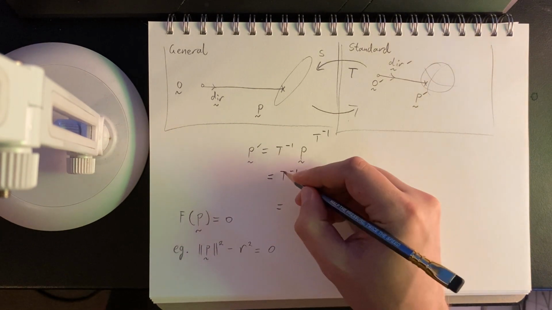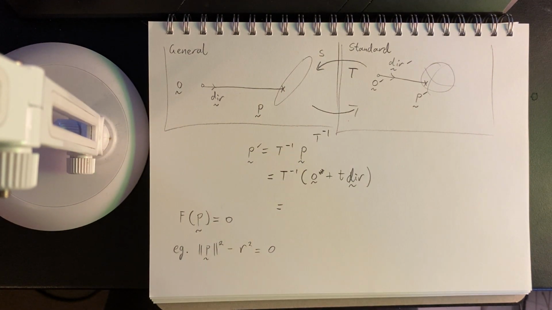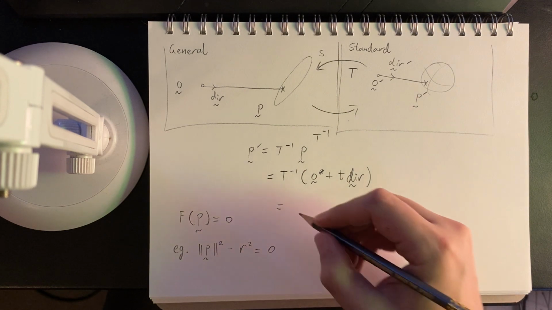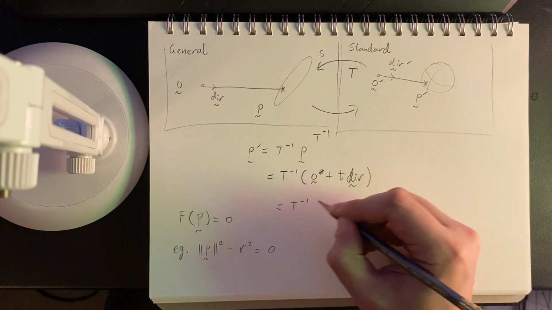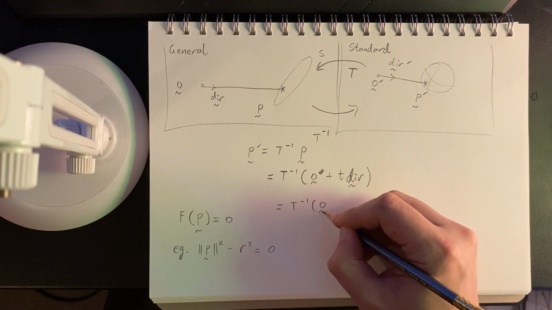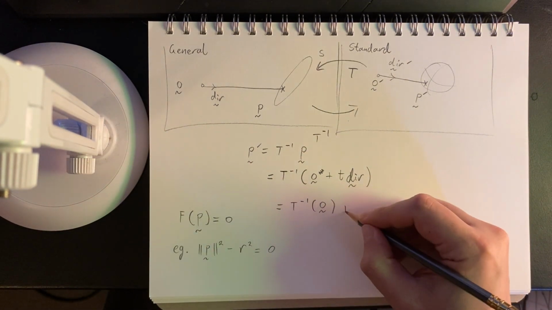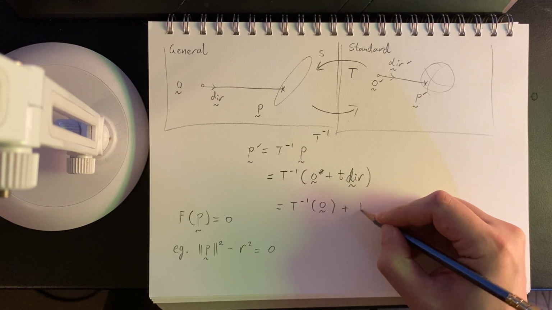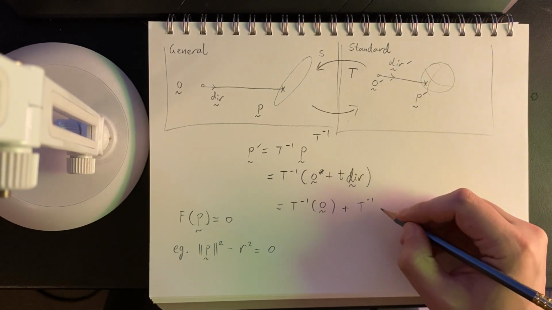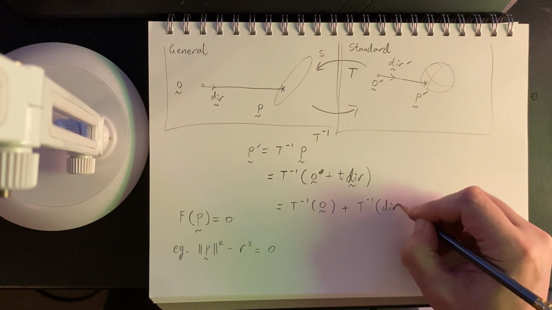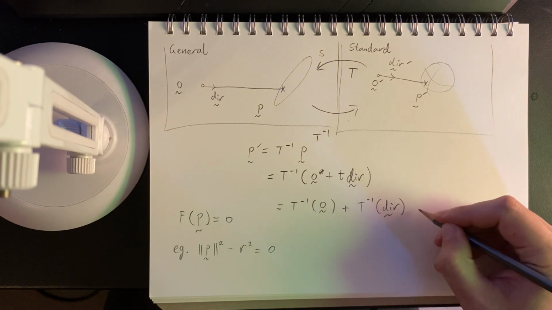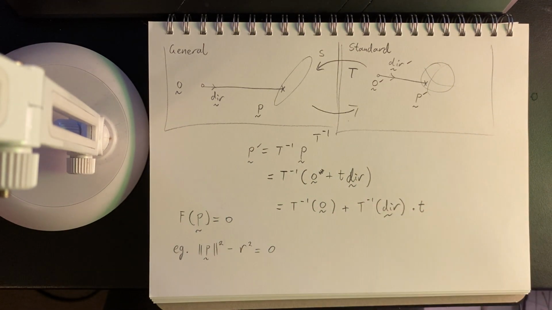And this is a linear transformation, which means things split up. So this is equivalent to the inverse transform times the general origin, and then the inverse transform times the general direction. But because t is a real number, it pops out and it's unaffected.